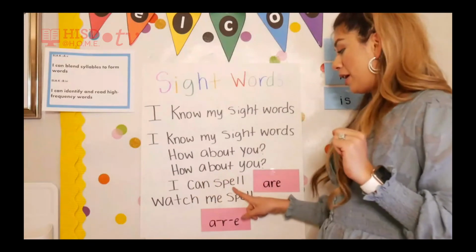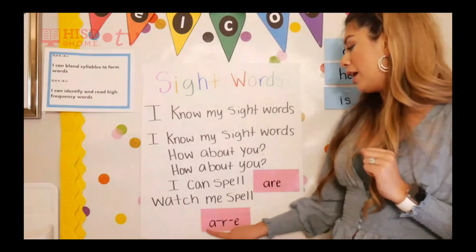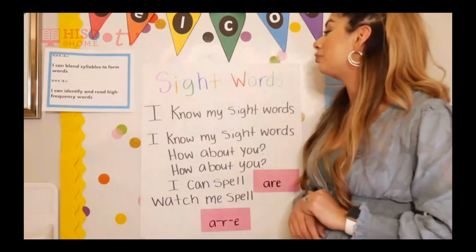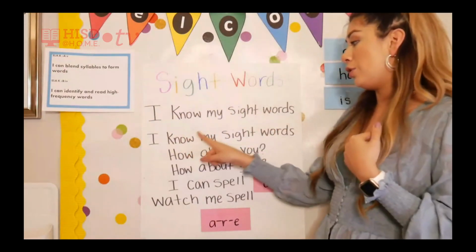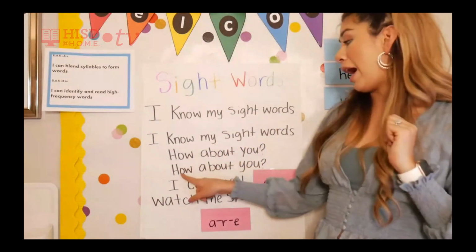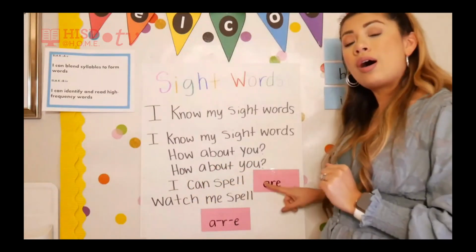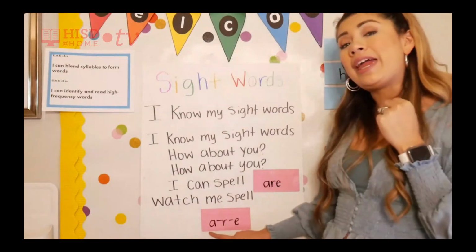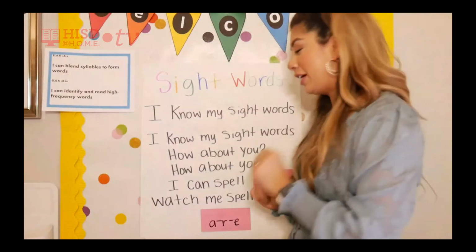I can spell are. Watch me spell. A-R-E. Let's go again. I know my sight words. I know my sight words. How about you? How about you? I can spell are. Watch me spell. A-R-E. Very good.